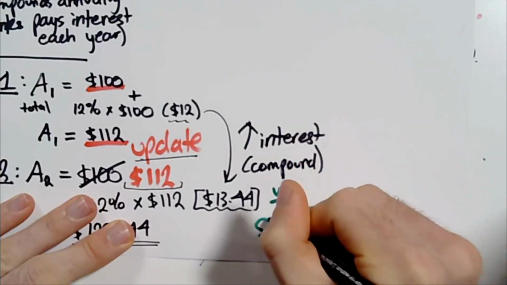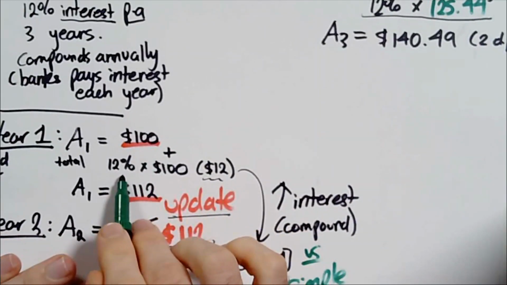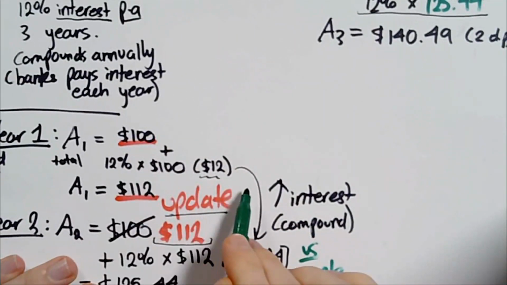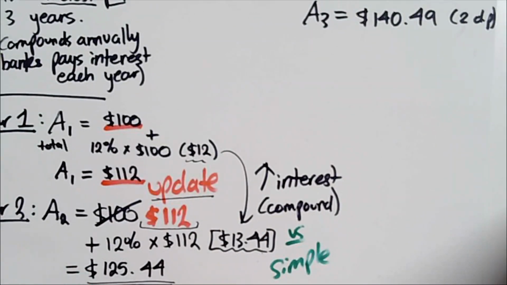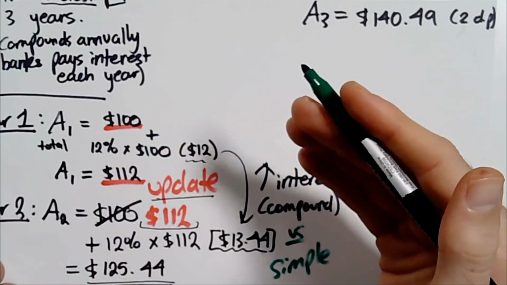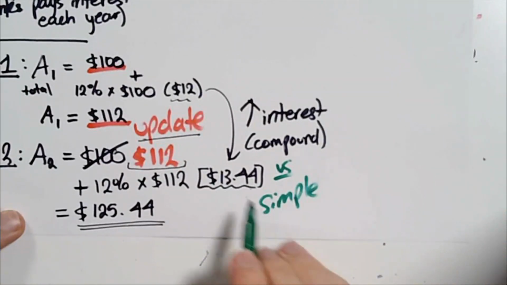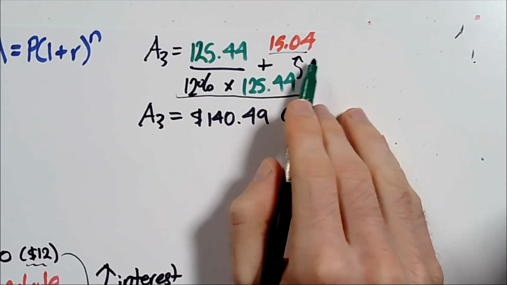And simple interest would actually take that $100, multiply it by 12% to give you $12, and it would just keep giving you that $12 for as long as the investment went for. So you would get 12 plus 12 plus 12 under simple interest instead of 12 plus 13.44 plus 15.04.